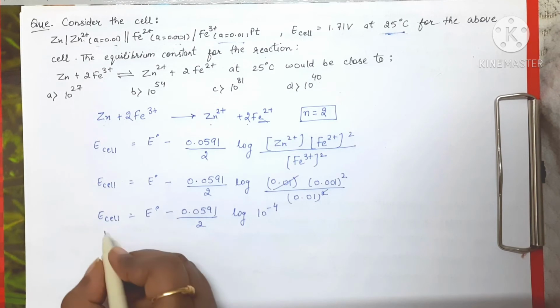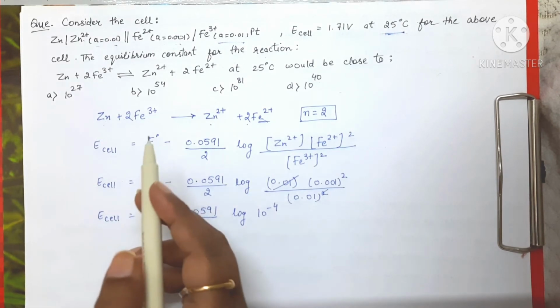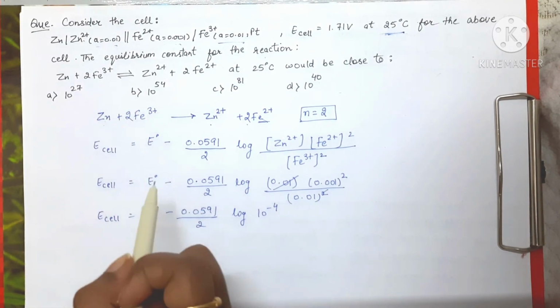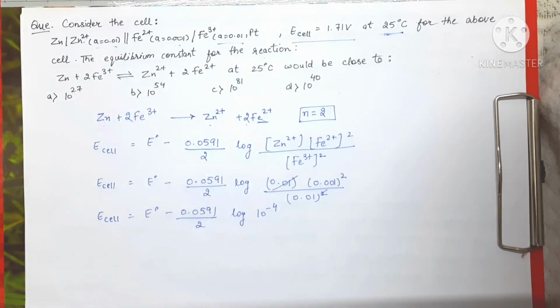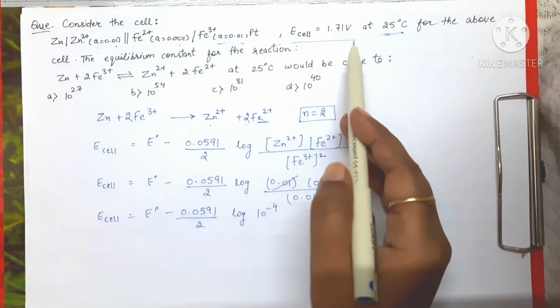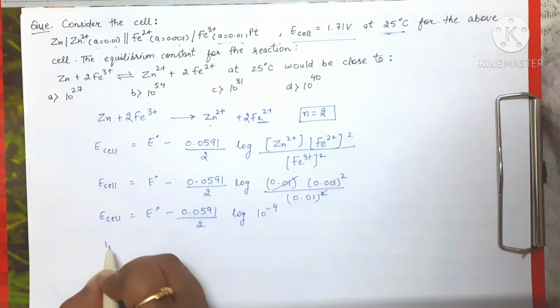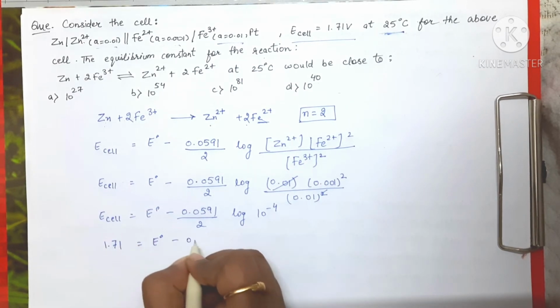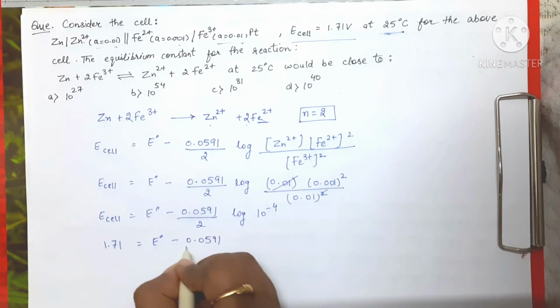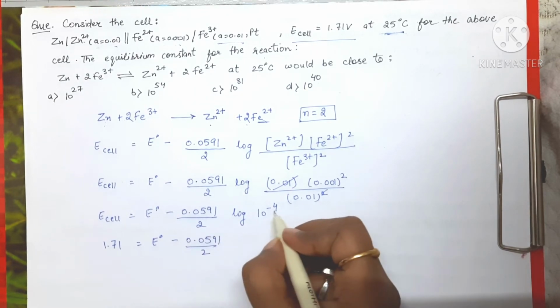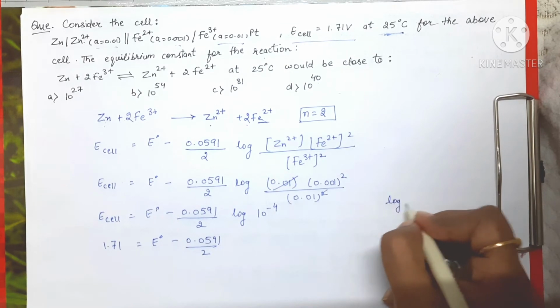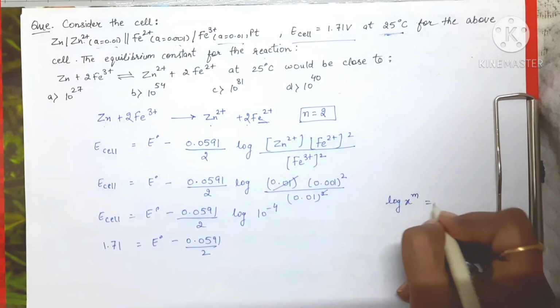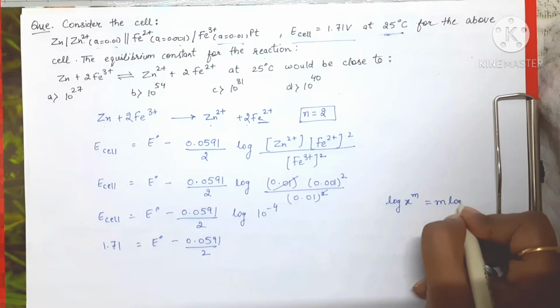Now what else has been given to us that we have to find out? EMF of the cell is given in the question as 1.71, so we'll put that value. 1.71 will be equal to E naught minus 0.0591 by 2. Now you know the property of log: log of x to the power m can be written as m log x, right?